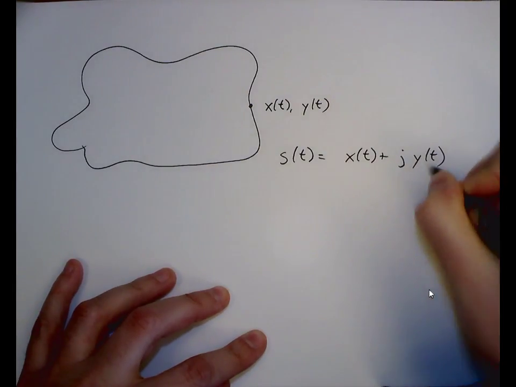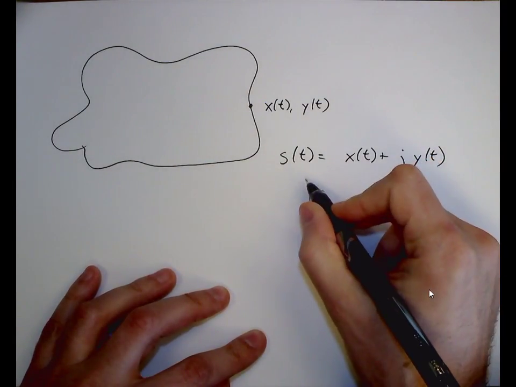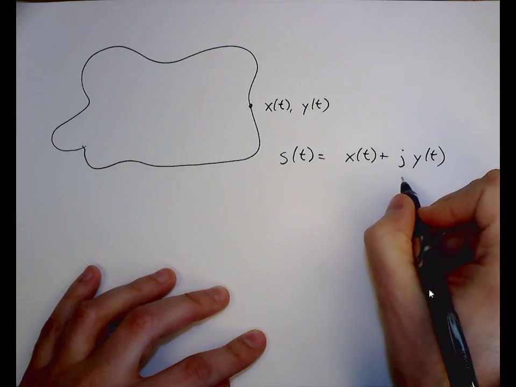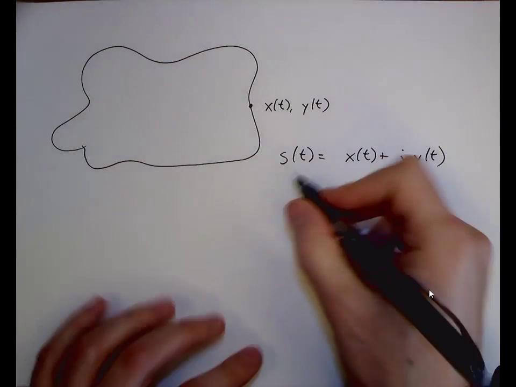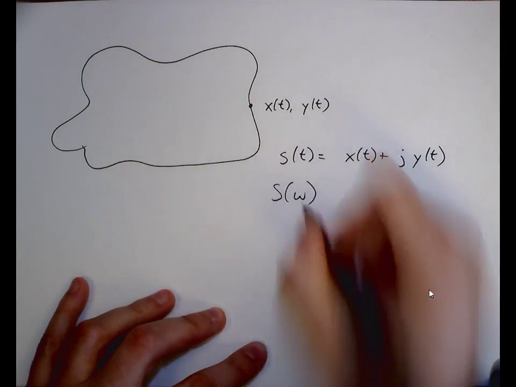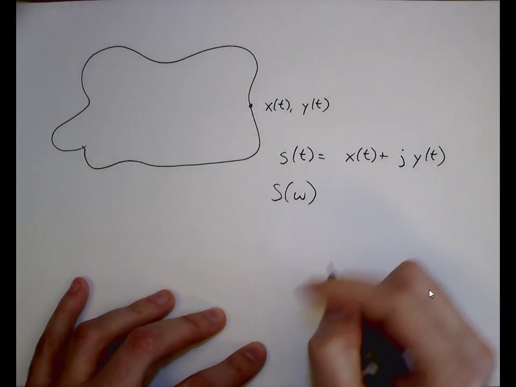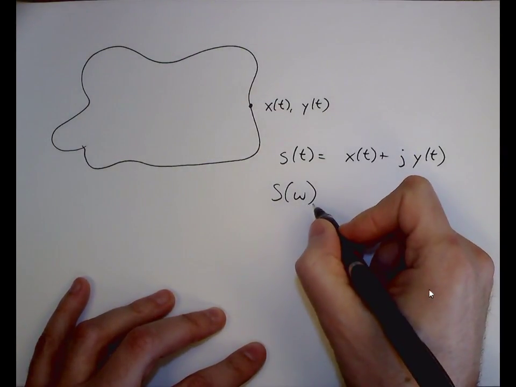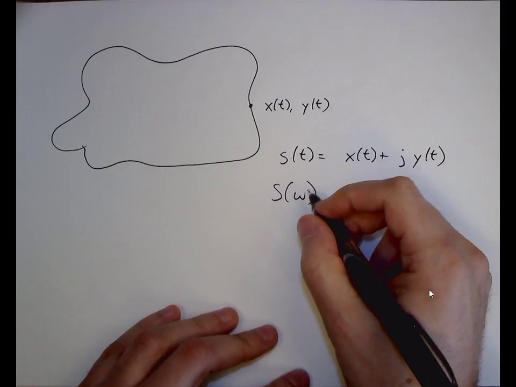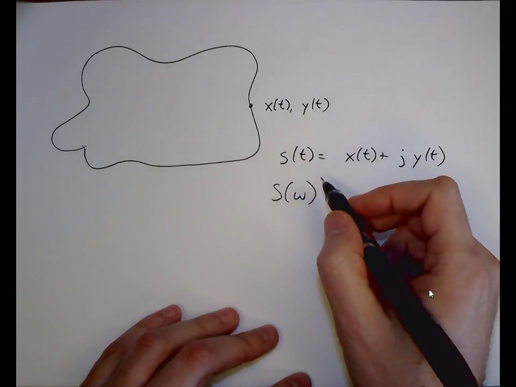Now this is going to be a periodic complex function, and I could talk about the Fourier transform of this function, right? Or maybe in this case it would be more appropriate to talk about the Fourier series of this function, right? Because it's a continuous time function.